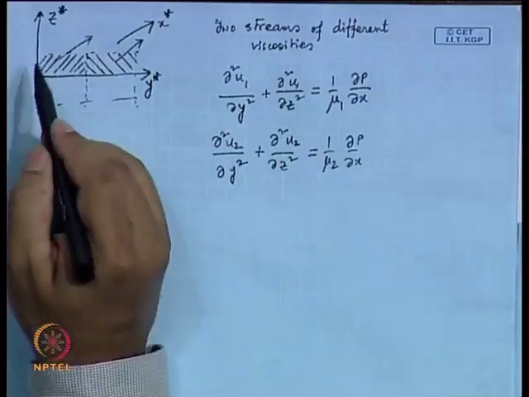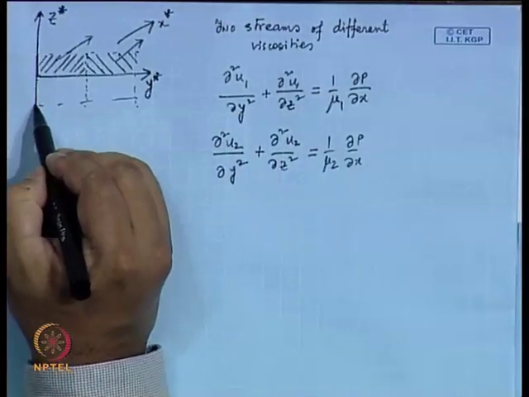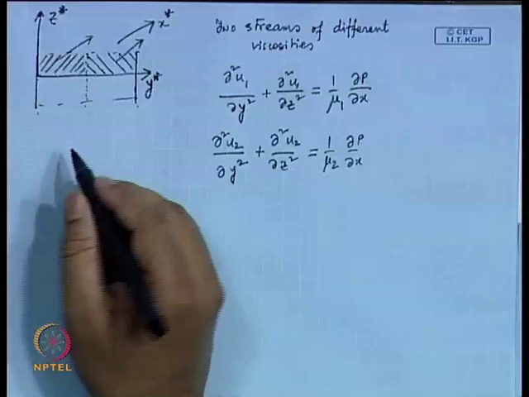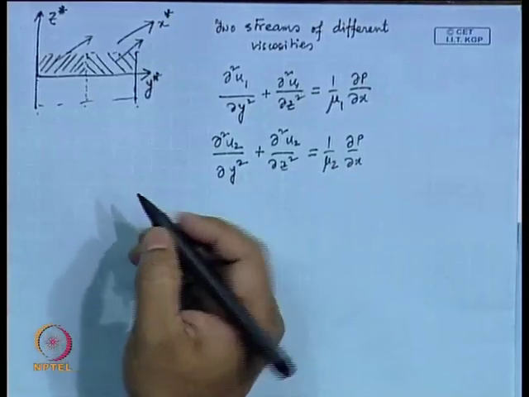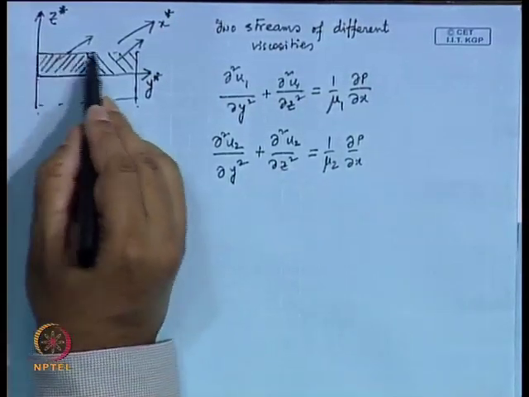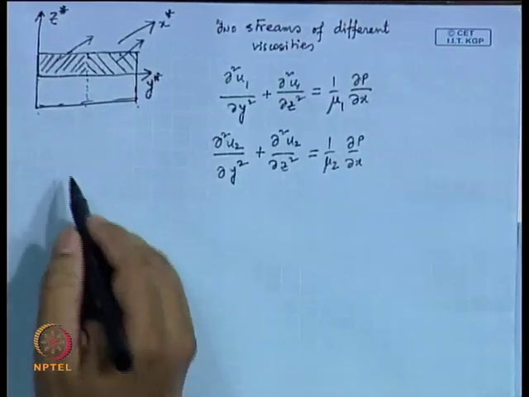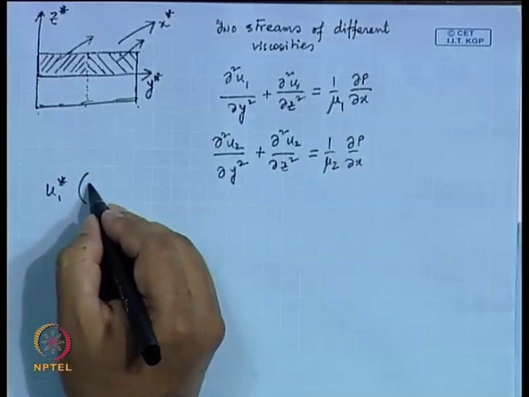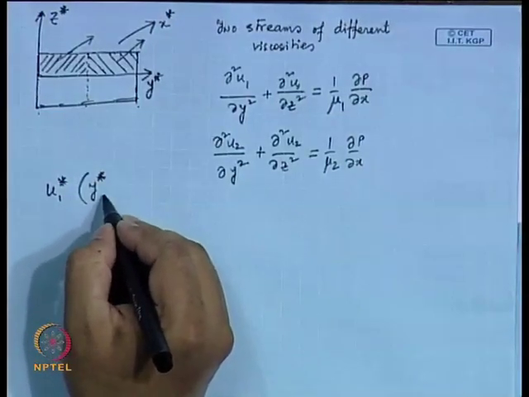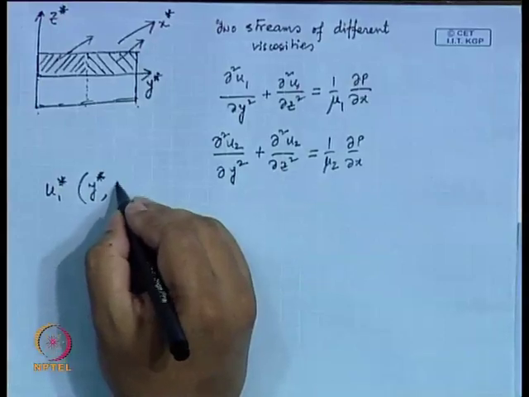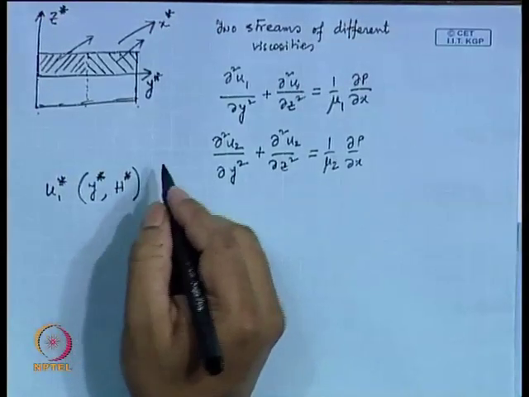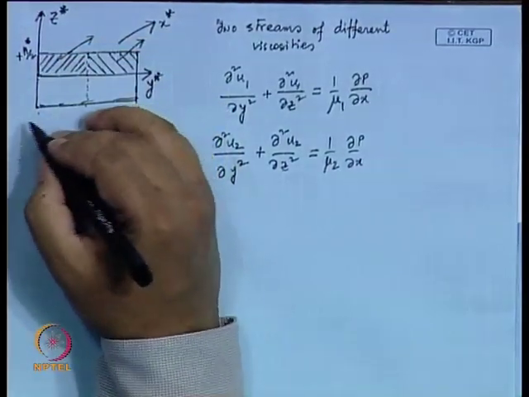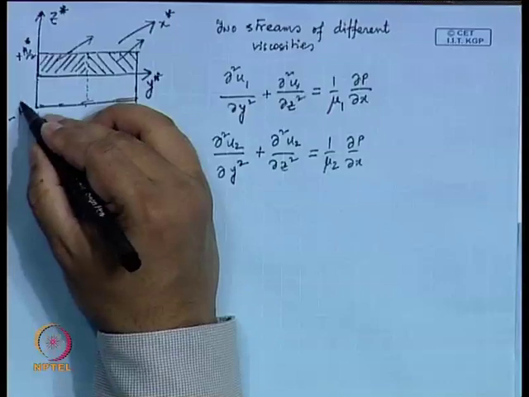Now, the boundary conditions that you had earlier, that means, at this wall there would be no slip, velocity is equal to 0, and at this wall there would be no slip, velocity would be equal to 0. How would it look? For example, for this wall and this wall, this would be u 1 star at y star comma h star, which is plus h star by 2 and minus h star by 2.